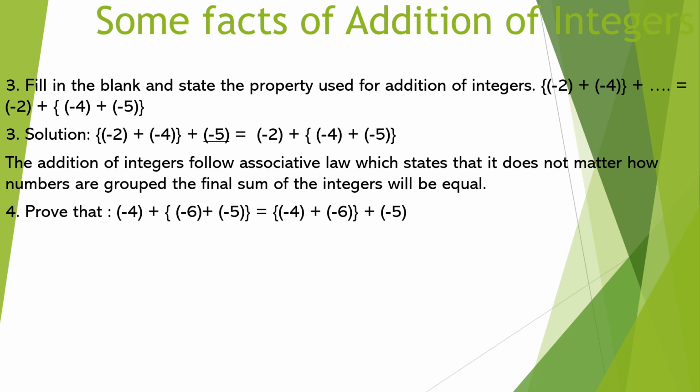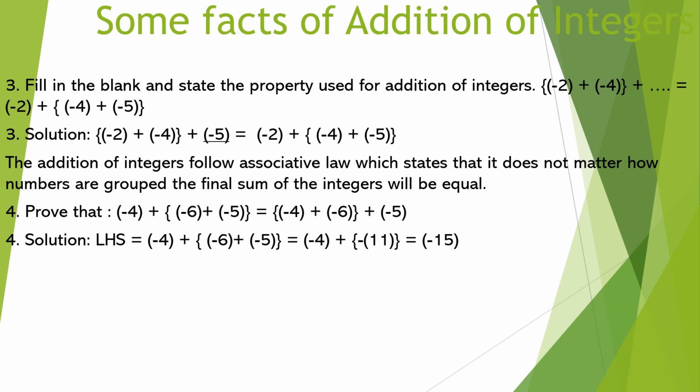Now in the second case, we have numbers minus 4 plus minus 6 plus minus 5 grouped together. Now we take the left hand side and we see that minus 4 plus minus 11 is equal to minus 15.